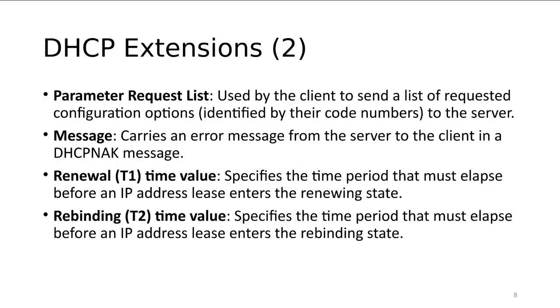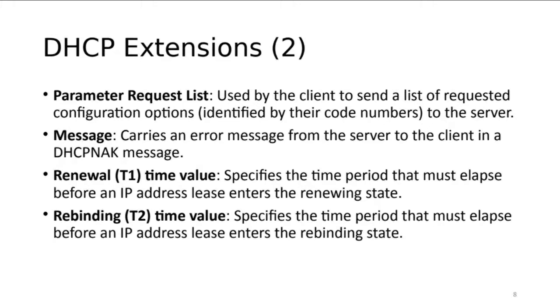Parameter request list is used by the client to send a list of requested configuration options. Message carries an error message from the server to the client, which is the DHCP negative acknowledgement, DHCP NAK.